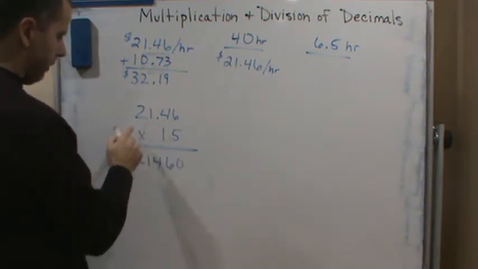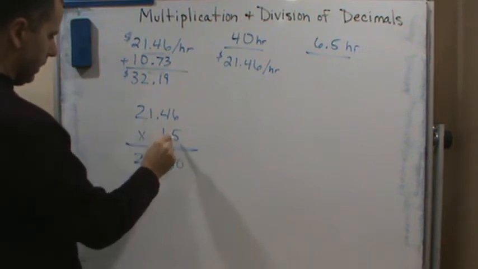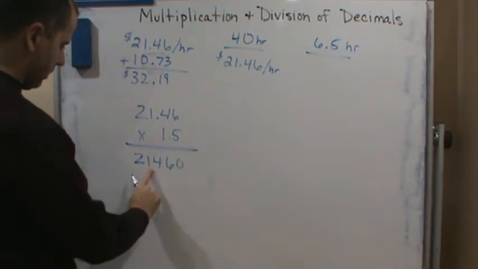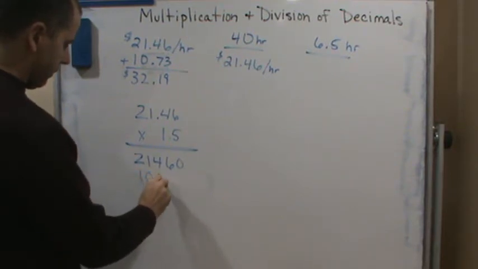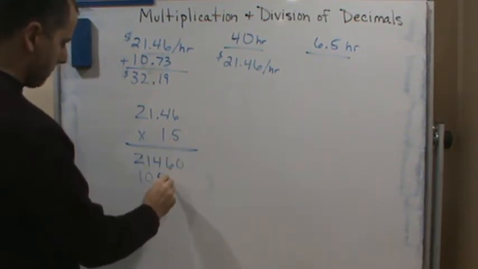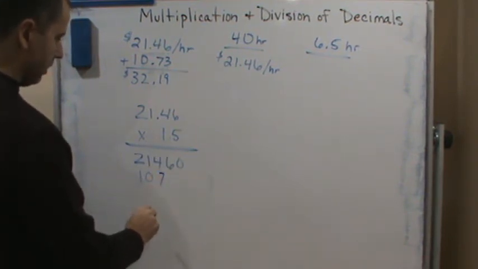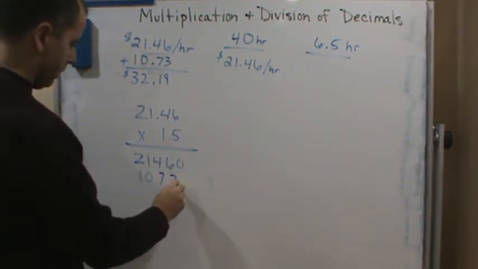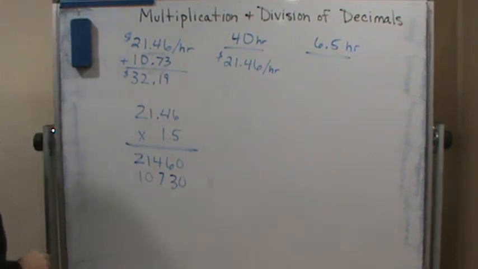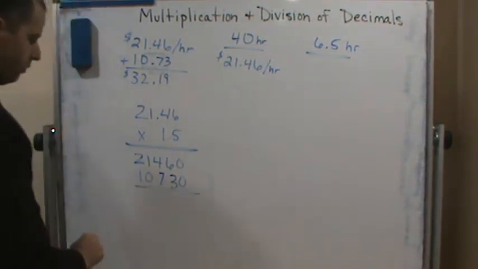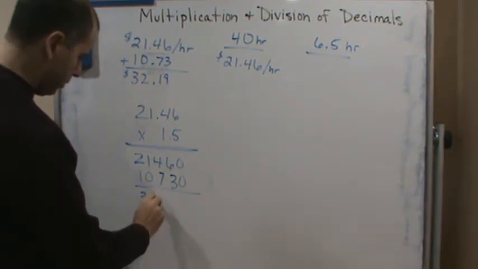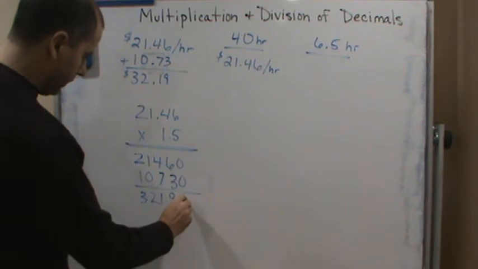So 5 times 2,146 gives 10,730. And then we add down and we get 32,190.